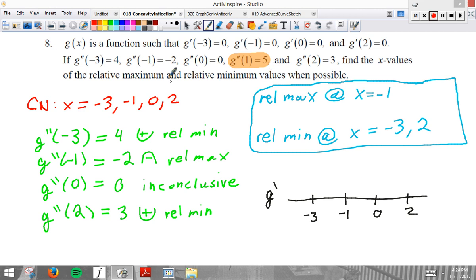We cannot use any of this fact to determine the signs of g prime. g double prime is a completely different function. So we are just lost. That will get us nothing. I've seen students in desperation put pluses and minuses. You don't get any credit for that. You might get credit for identifying the critical numbers, but make sure you label it as such. So again, the big giveaway here for the second derivative test is the words relative maxes and mins, which narrows it down to first or second, and then the fact that we have second derivative information.